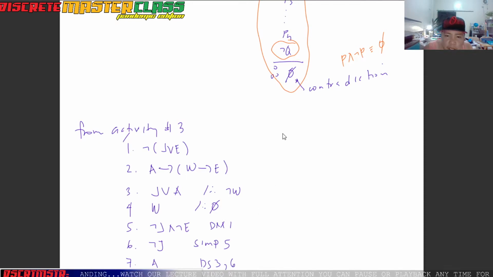Okay? Number 8. Now, may A ka na, mapapansin mo yung number 2, premise niya yung A, tapos meron kang 7 na A, makukuha mo yung W implies E. Number 8, W implies E is by applying MP to number 2 and number 7. That's good. Number 2 and number 7.